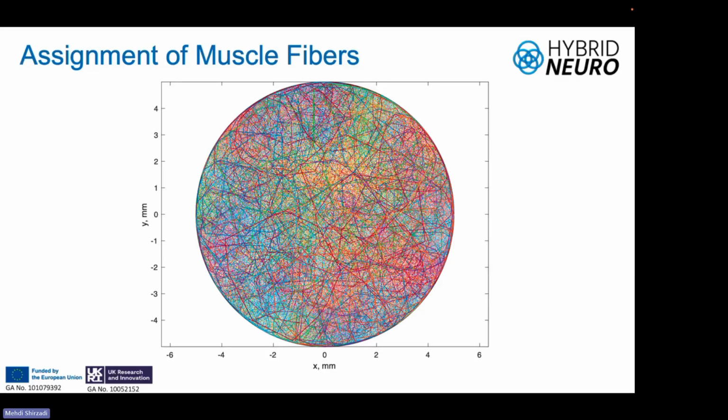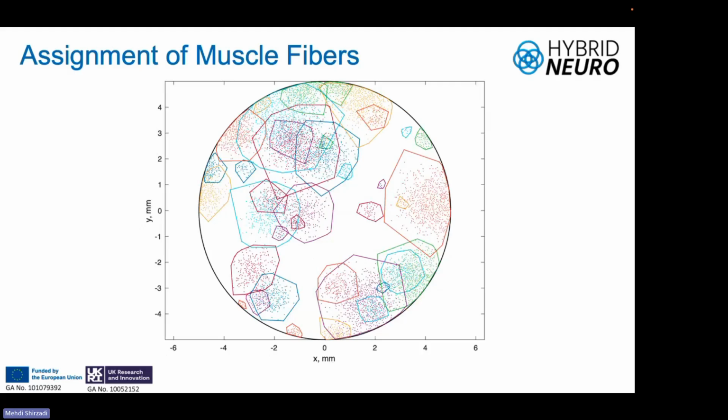Then, after we do the assignment, we will have a shape like this, which shows all of the motor units and muscle fibers, which is not really visible, so I plot only a few of them. You can see that we have a big motor unit and a smaller motor unit. These are the territories of the motor units. They can more or less overlap with each other.